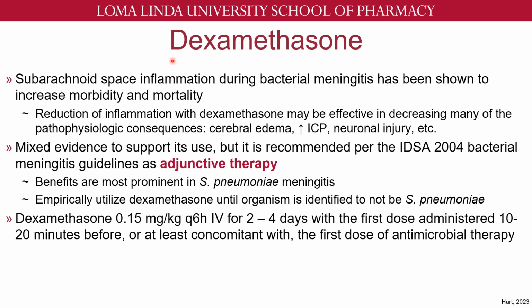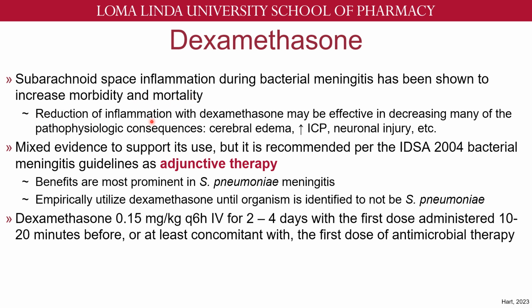So there's also dexamethasone, which is a steroid, and this agent actually has a unique role in CNS infections. So the mechanism again, or the pathophysiology of meningitis, we have subarachnoid-based inflammation during the bacterial meningitis phase. And that inflammation has specifically been shown to increase morbidity as well as mortality.